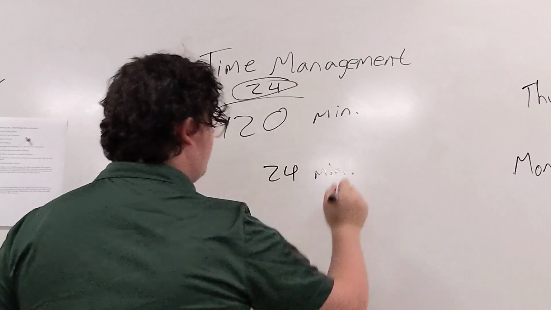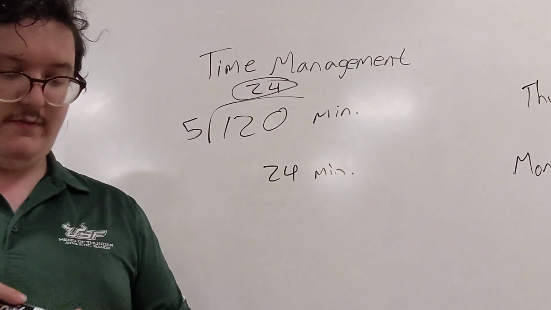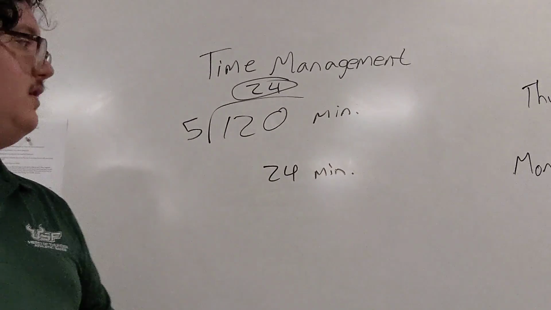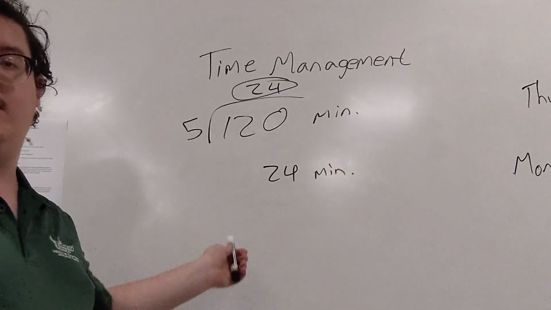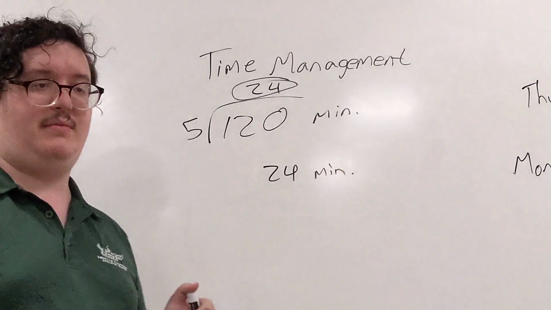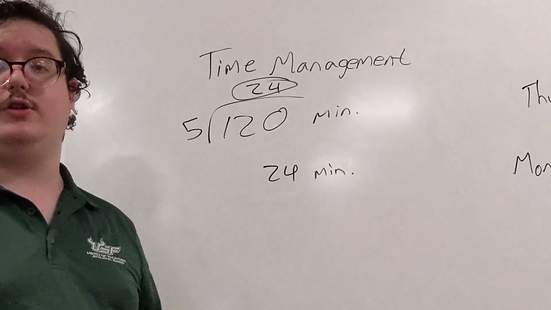If you're the kind that likes to put a concrete time to yourself, that's one way to do it. You'll have 24 minutes to plan and write your introduction, 24 minutes to write your first body paragraph, 24 minutes for your second and third, and finally 24 minutes for your conclusion.